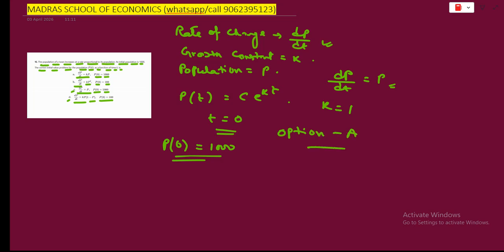So the winner of this beautiful question is option A, that is dP/dt = kP and P(0) = 1000. Why? First, the derivative is equal to a constant times the population. Second, the starting point matches our data.